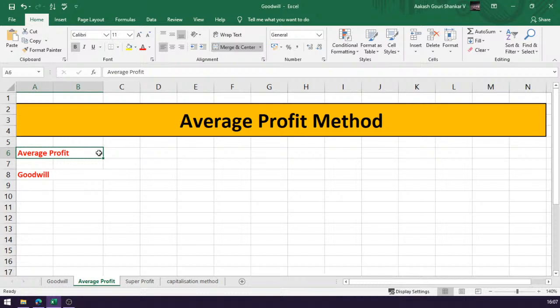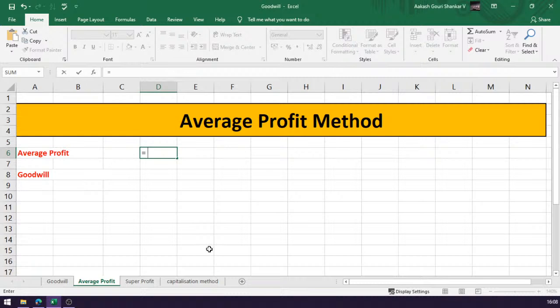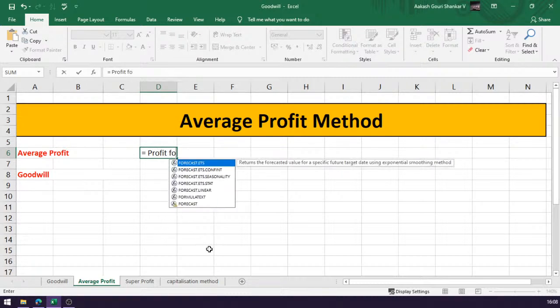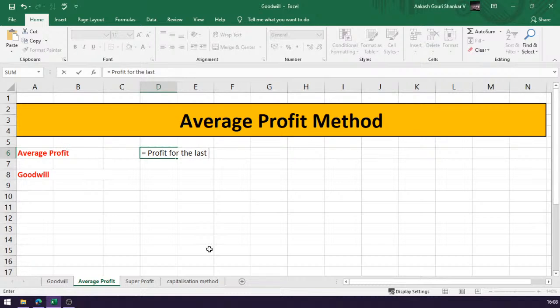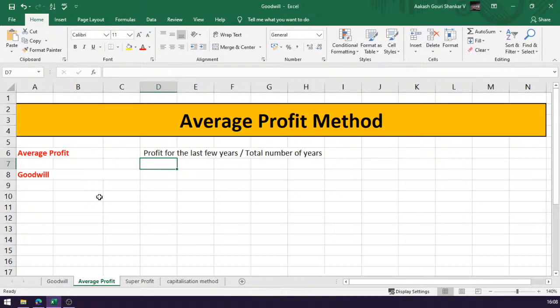And how do we calculate goodwill based on the average profit? It is nothing but average profit into number of years' purchase. So how will we calculate the average profit? Average profit is equal to the profit for the last few years divided by the total number of years.